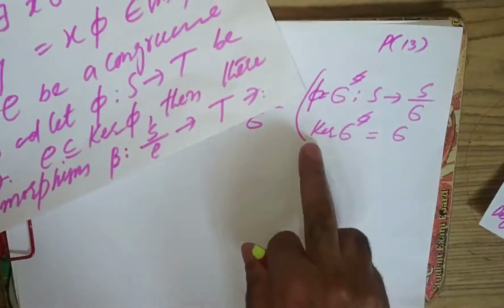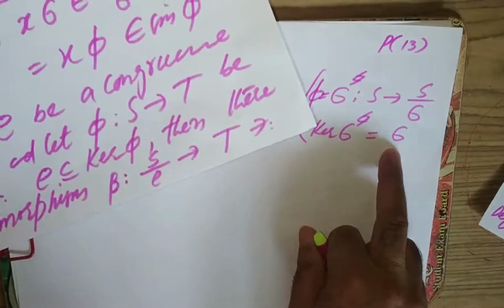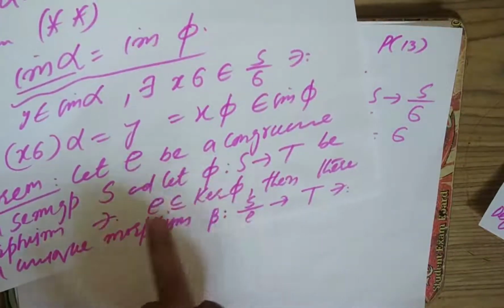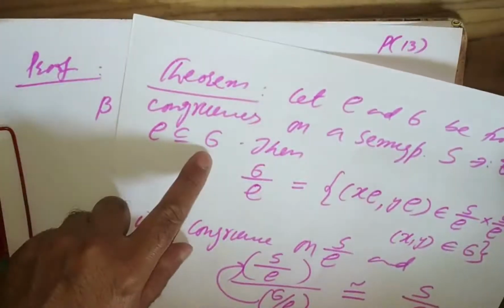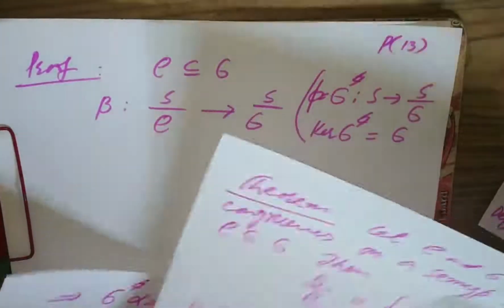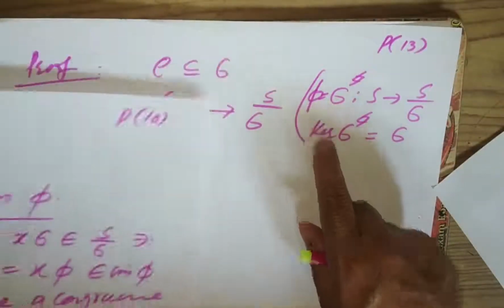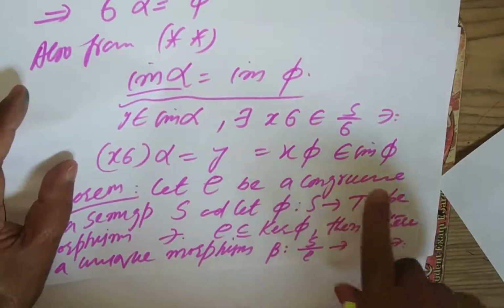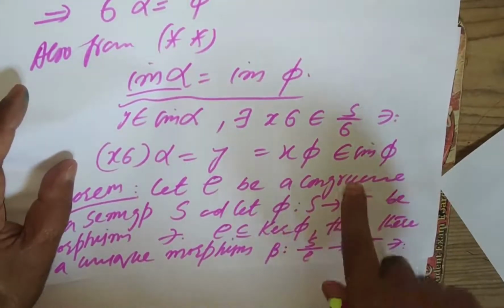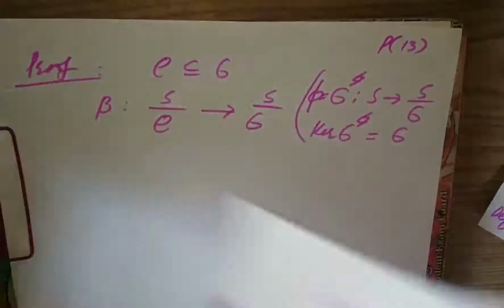So kernel of phi is equal to sigma, and rho is a subset of kernel of phi means rho should be a subset of sigma, and it is given in the statement that rho is a subset of sigma. So we can apply this theorem. We have to find that phi. What's the semigroup T here? Our T is S over sigma. Phi is sigma natural. Then we can apply this theorem here.